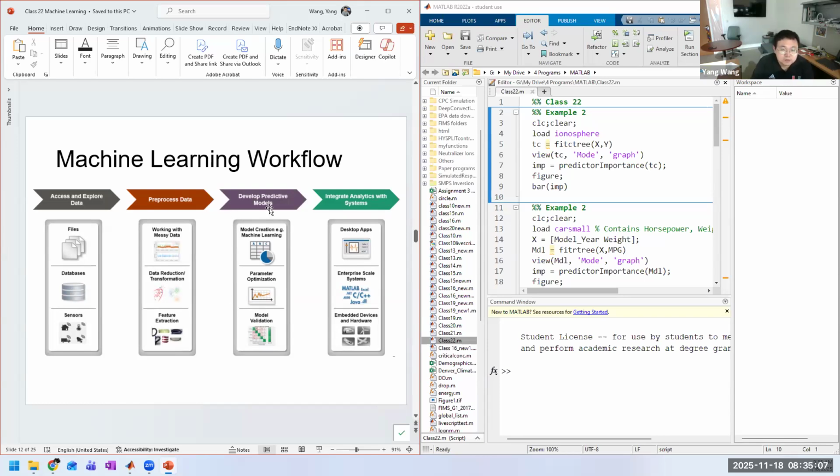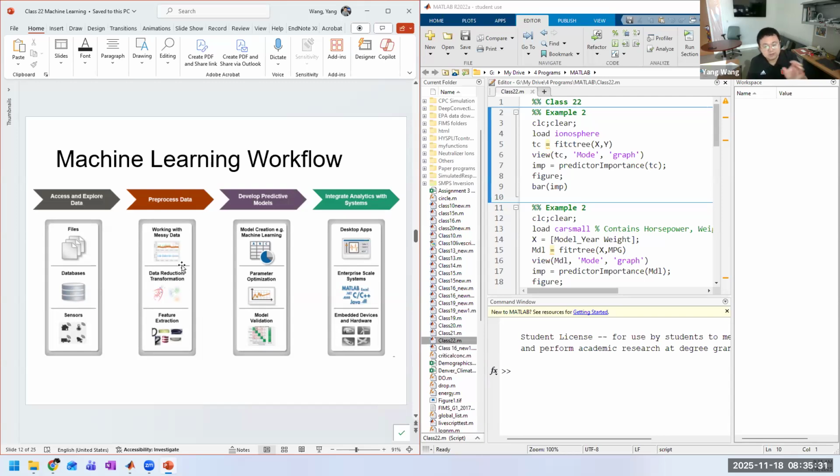And then we develop predictive models. You can use machine learning, optimize parameters, and we should also validate our model. That's why we need to separate our data into a training set and a testing set. People normally use 70% for the training set and 30% for the testing set.